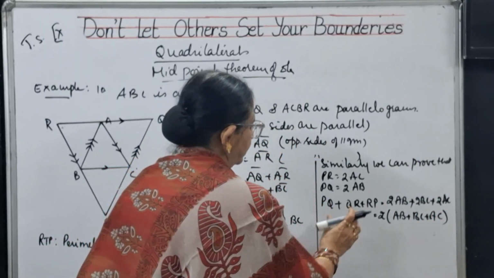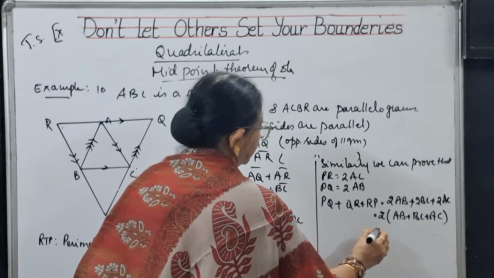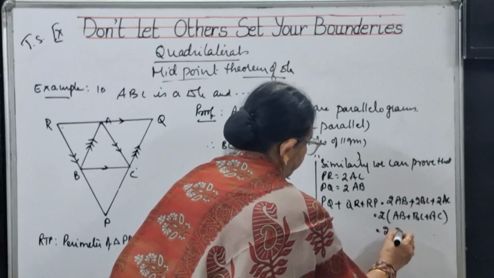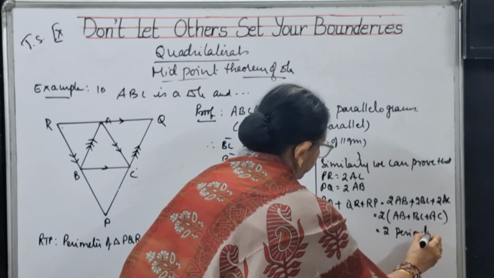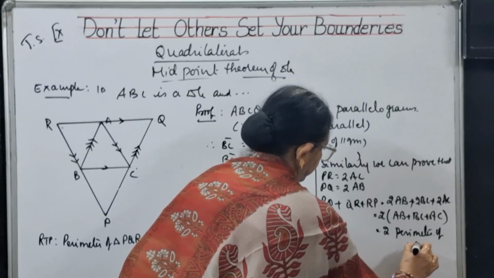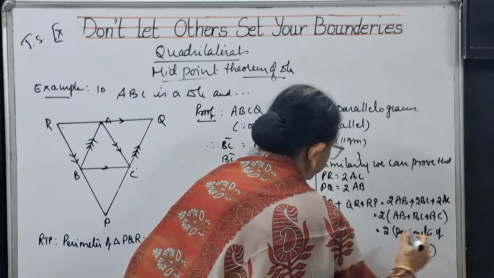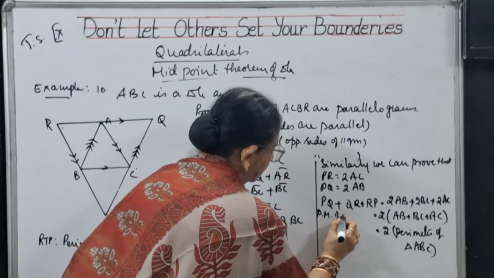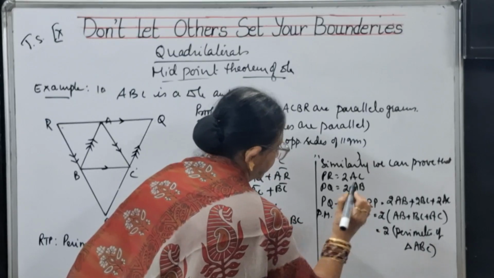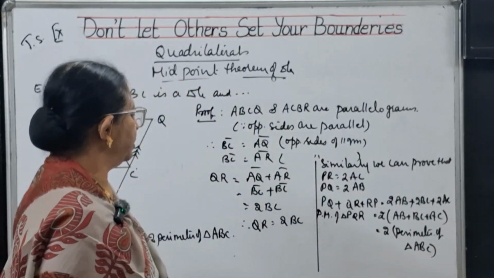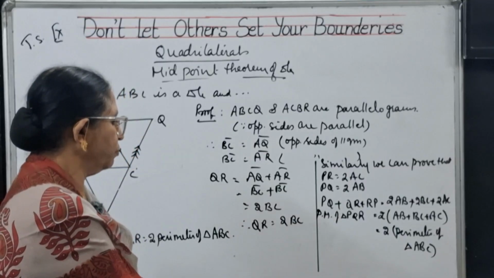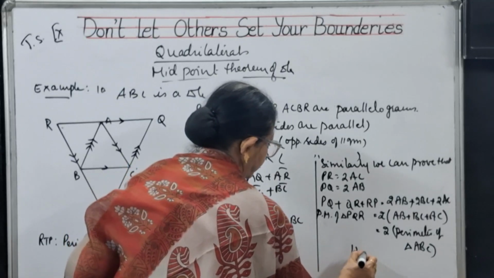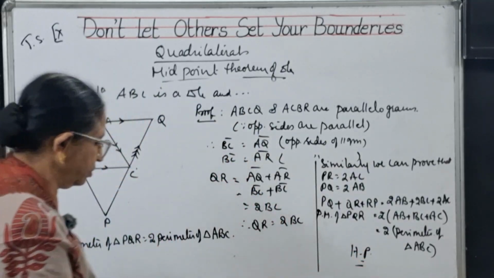So, AB plus BC plus AC is nothing but the perimeter of triangle ABC. So the perimeter of triangle PQR, PQ plus QR plus RP, is equal to 2 times the perimeter of triangle ABC. This is what we needed to prove, and we have proved.